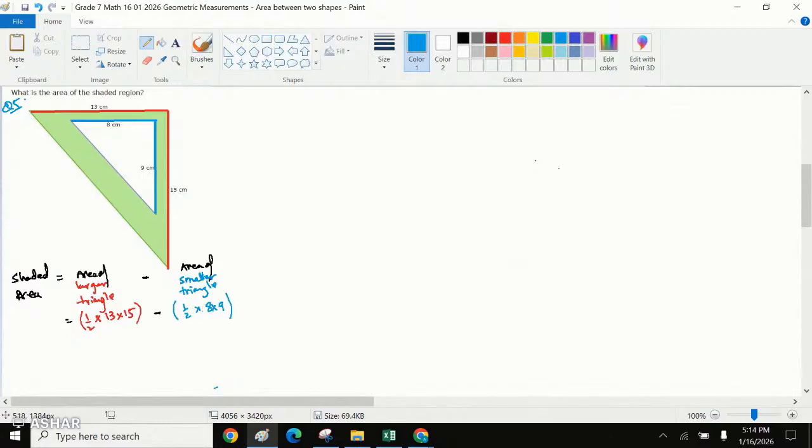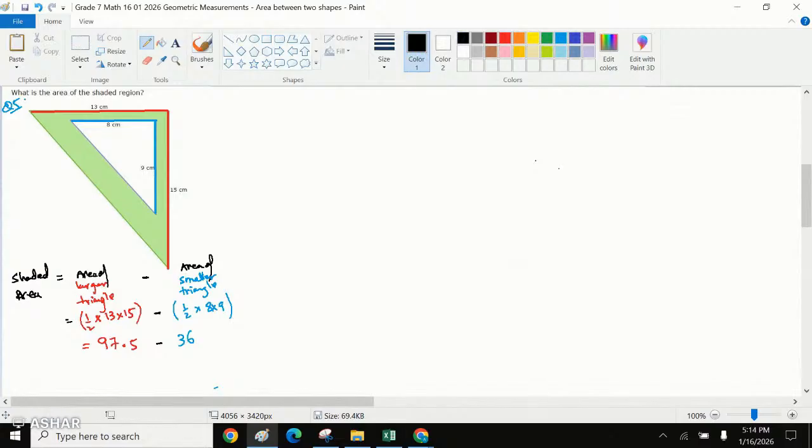So 13 multiplied by 15 should be 195, divided by 2 gives us 97.5, minus 8 into 9 is 72, divided by 2 would be 36.